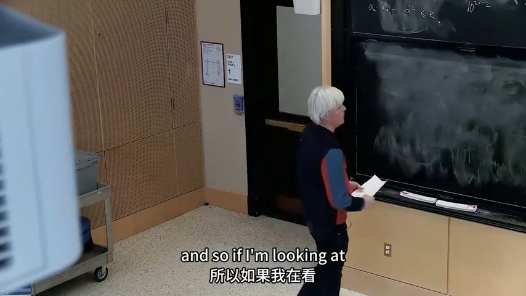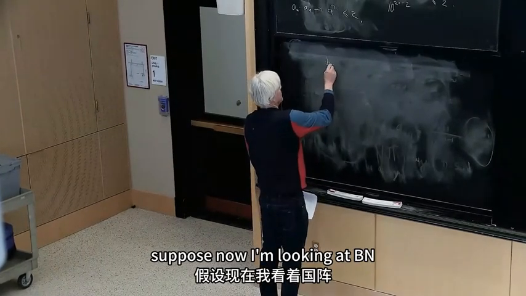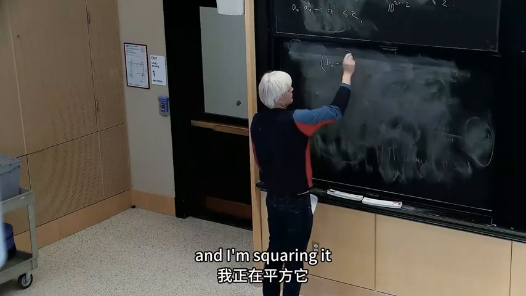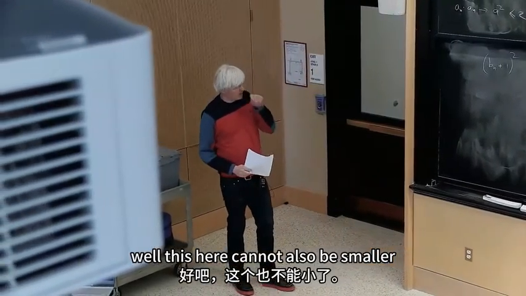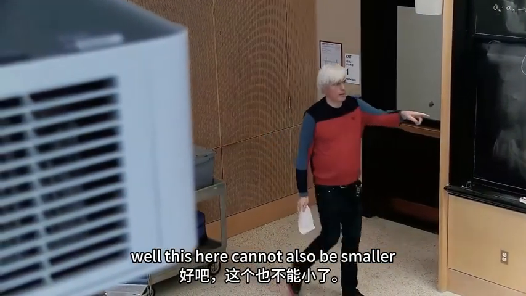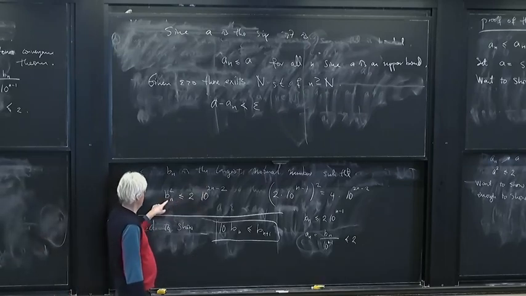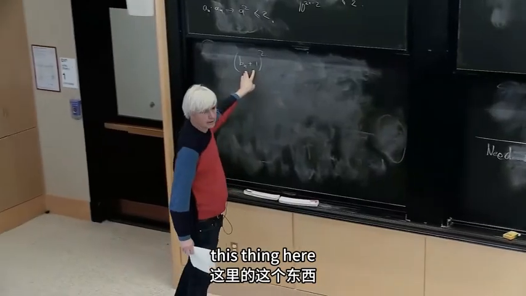And so suppose now I'm looking at bn and I'm adding 1 and I'm squaring it, right? Well, this cannot also be smaller than this here, because then the bn should have been this thing here. Right?